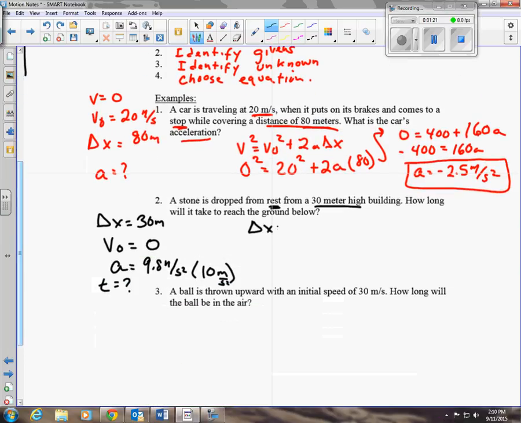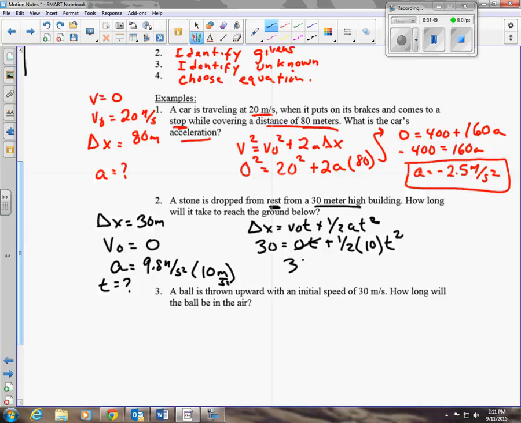Delta x is v0t plus 1/2 at squared. Delta x is 30. v0 is 0. I don't know t. The acceleration is 10, and I still don't know t, so it's t squared. Now for this one, 0 times t, no matter what the t is, is going to be 0. 0 times anything is 0, so that part goes away.